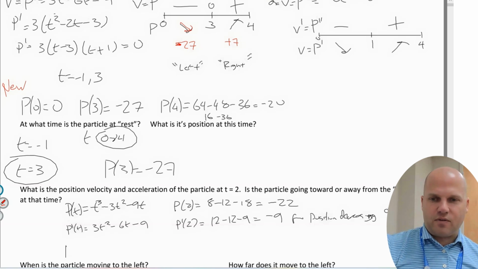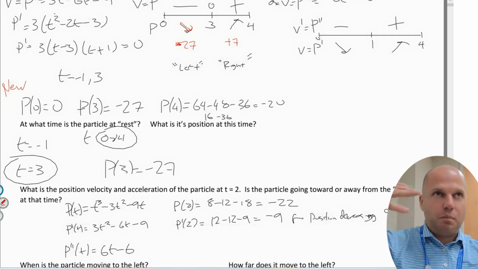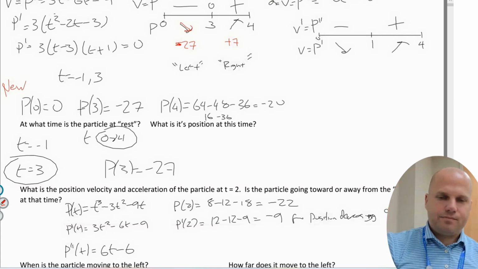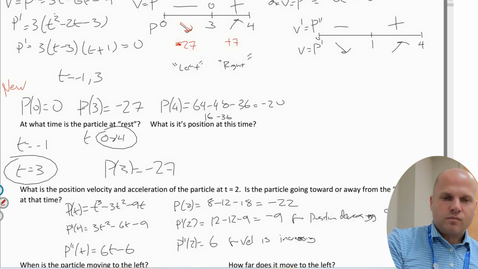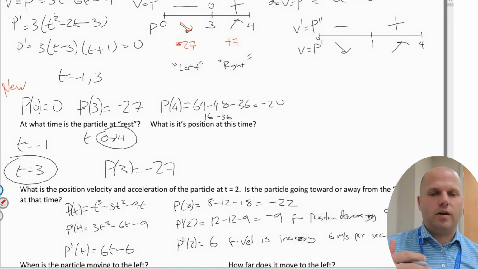This is one thing that's kind of confusing to students. This is actually from P's original graph. P double prime at 2 is 6. So that means my velocity is increasing 6 meters per second squared.